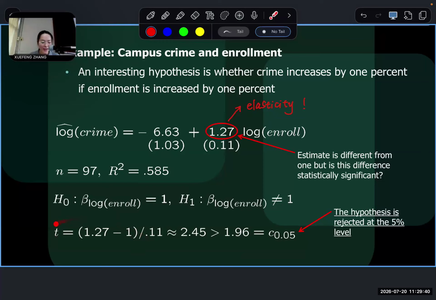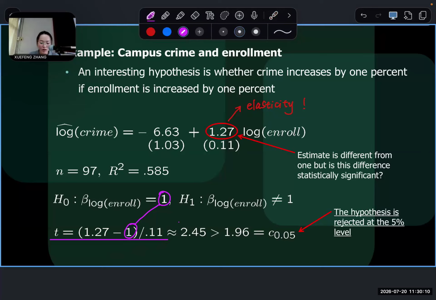How you calculate the t statistic here is something different, okay? Right now, you need to use the estimated coefficient 1.27 minus our hypothesized value, right? So you need to know where this one comes from. In the exam, you have to show me how you calculate your t ratio, okay?